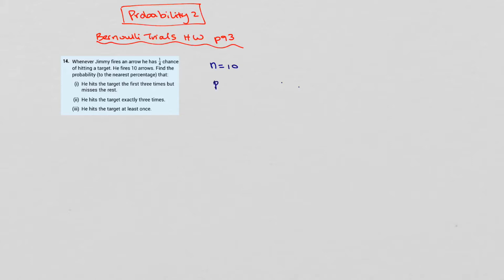Our probability of success, P, is 1 in 4, hitting the target. Q is the probability of failure, which is 1 minus a quarter, in other words 3/4, doesn't hit the target.